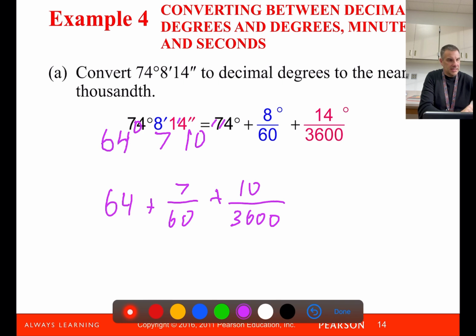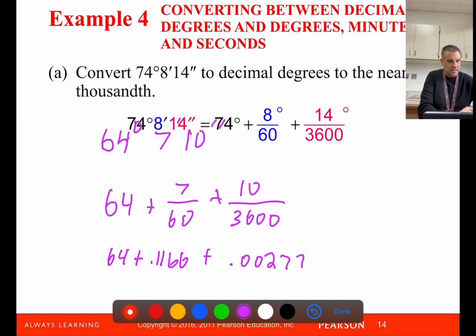7 divided by 60. So that's 64 plus 0.1166, plus 10 divided by 3,600 is 0.00277.